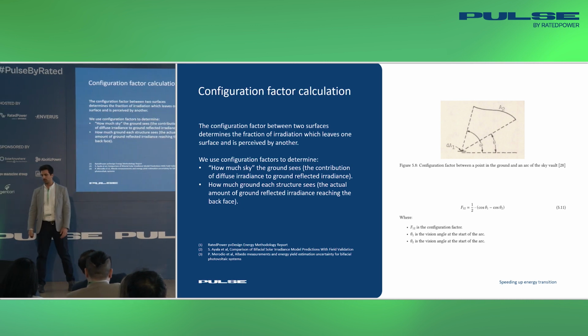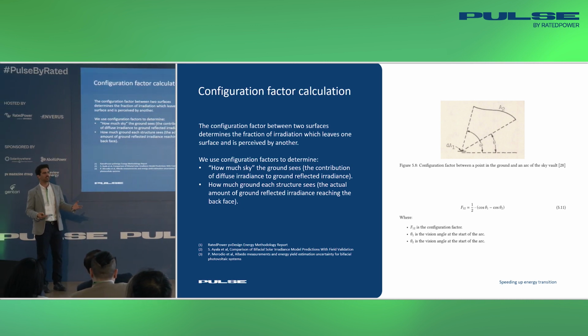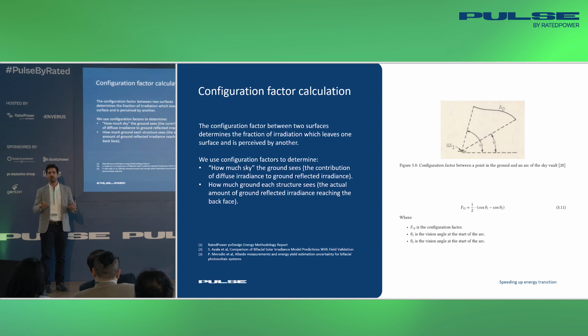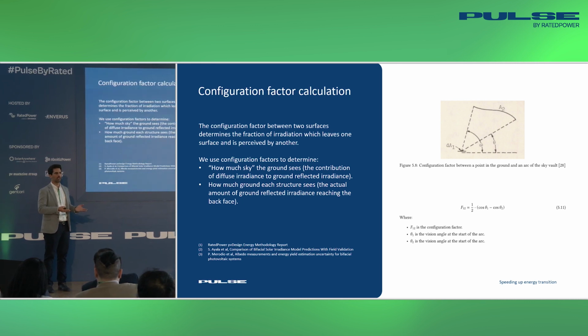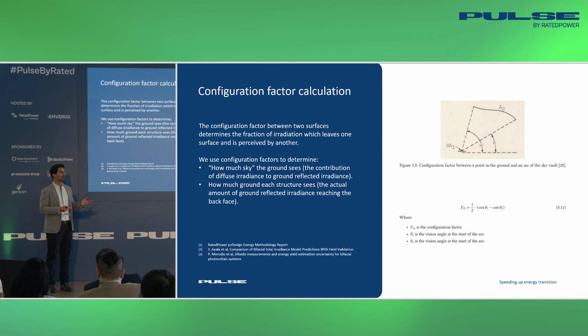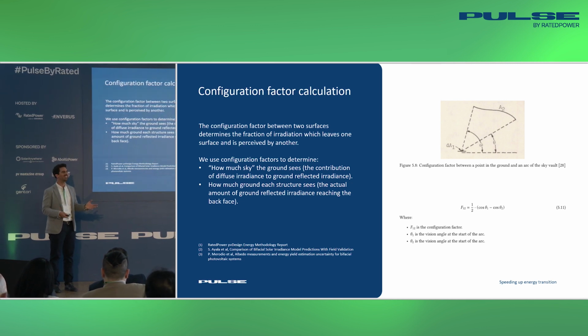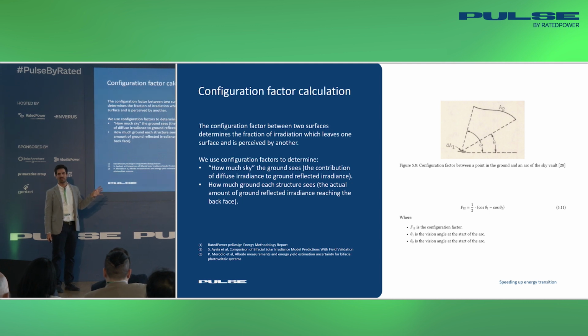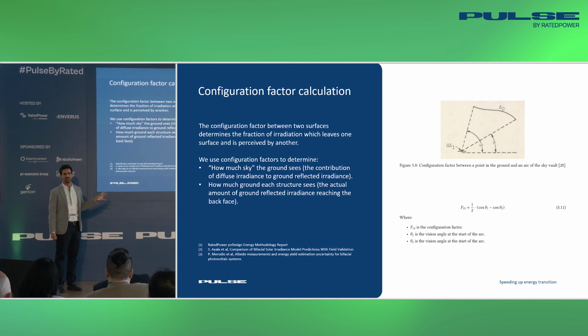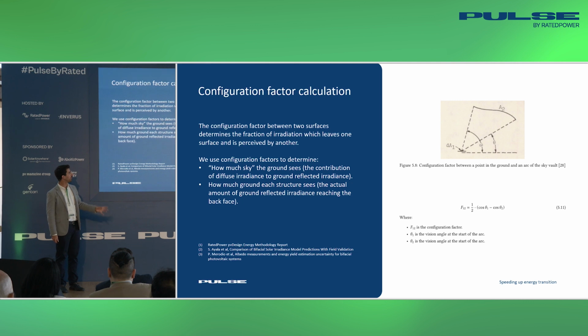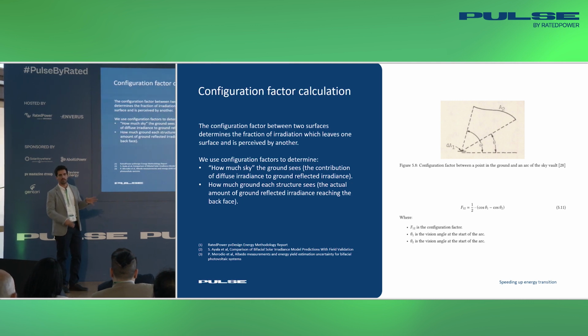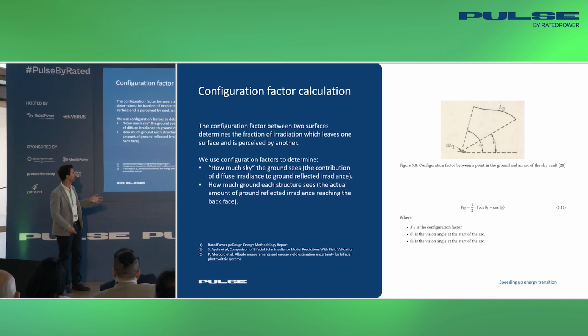This was used initially, imagine you are calculating the thermal characteristics of an oven, right? The kind of oven you have at home, and you're evaluating how much heat your pie is getting, or something like that. This is what this technique was used for. But now we use it to evaluate irradiation in an open environment, right?